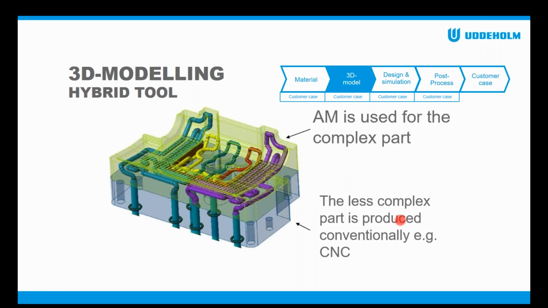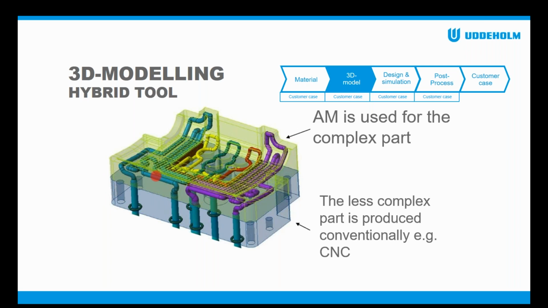So the second thing we would do is also to discuss the opportunity to maybe build a hybrid tool. A hybrid tool is when you first produce a bottom part of the tool in a conventional manufacturing way, so maybe by a CNC machine, and then you can send it directly to us, and we put this lower part into the AM printer, and then we only print the top part.